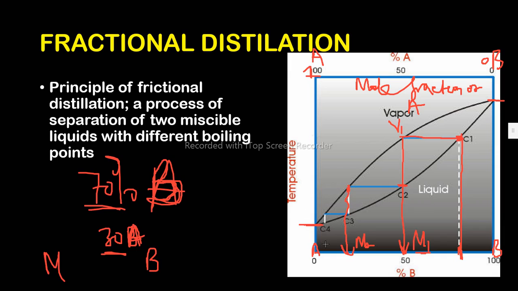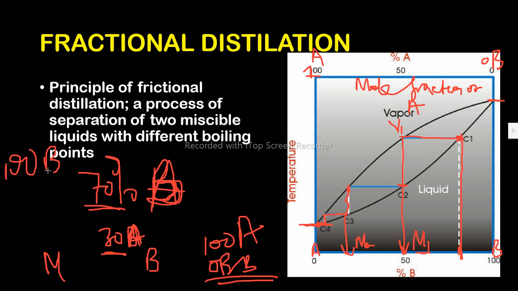Now, if you fractionally distillate, you produce a distillate that has 100% A and 0% B, and you produce a residue that has 100% B and 0% A. As simple as that.